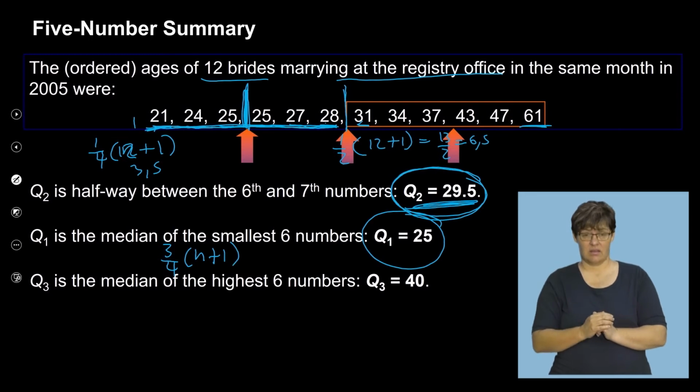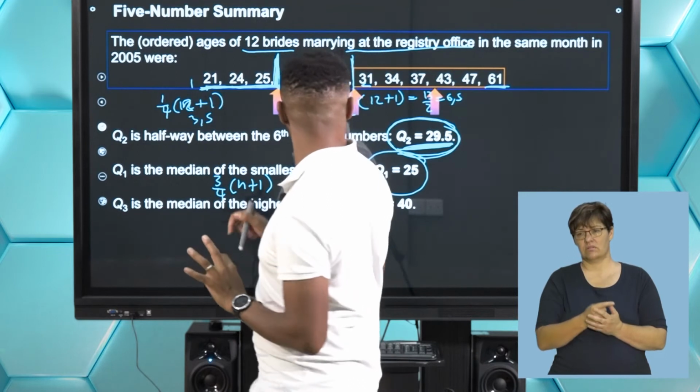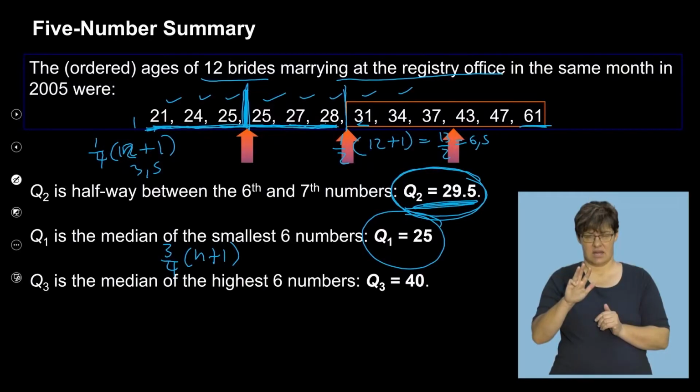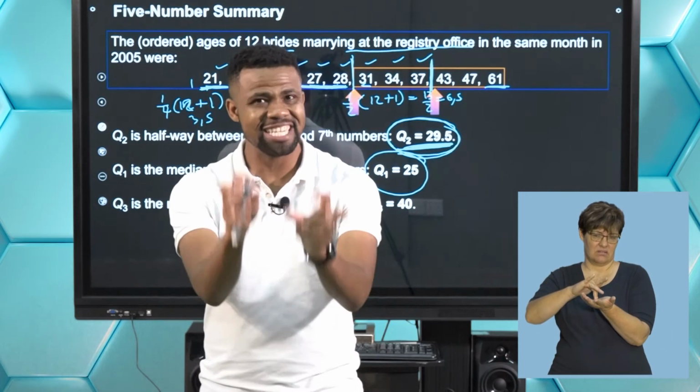If you do that, where n is 12, you should be getting 9.5. That's a position, it just indicates position.